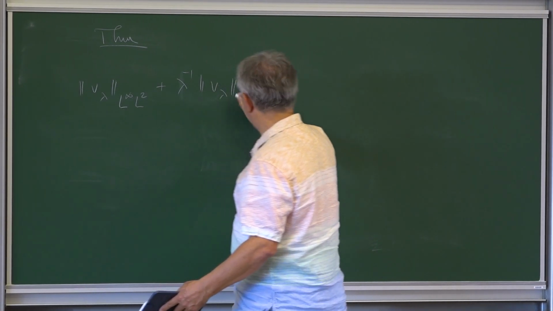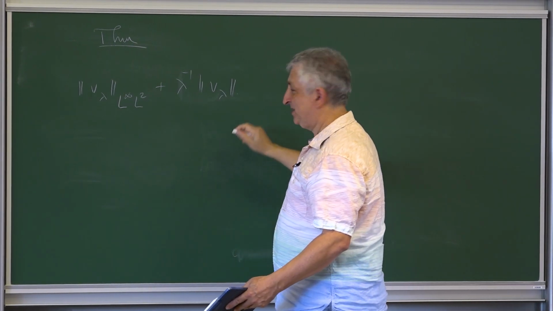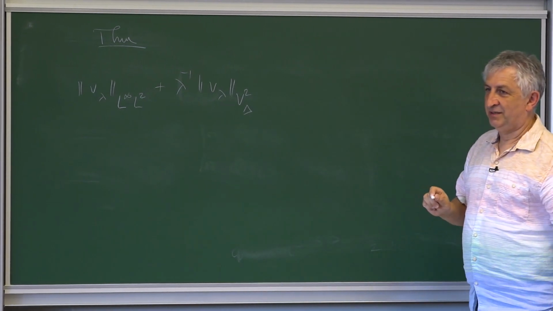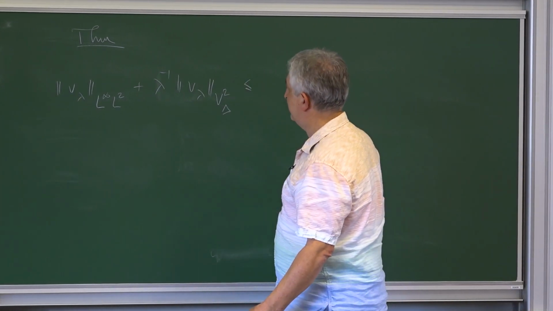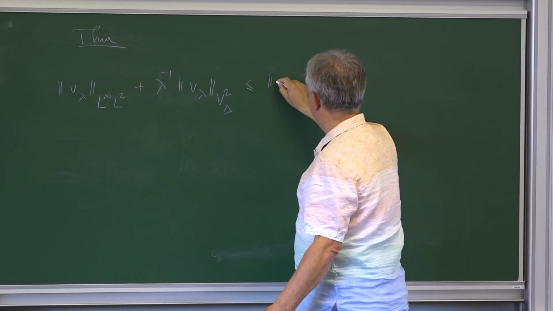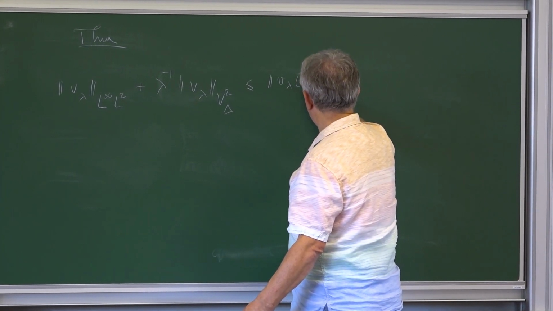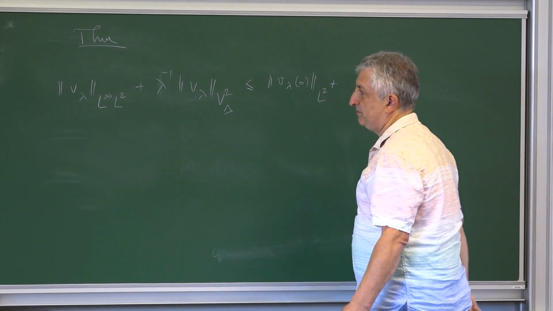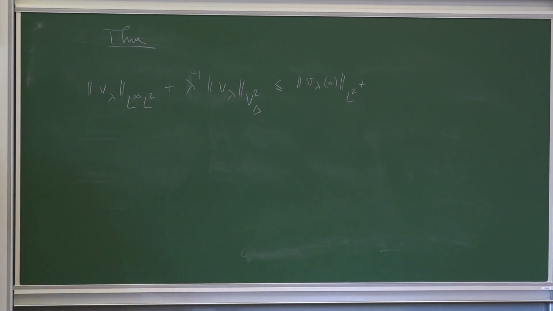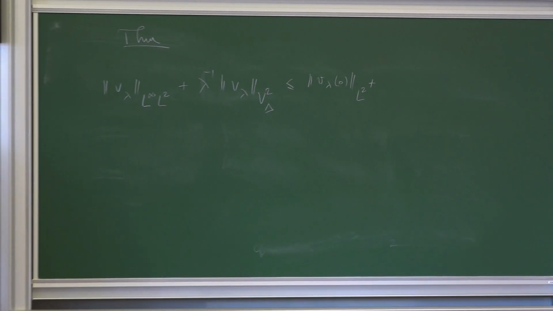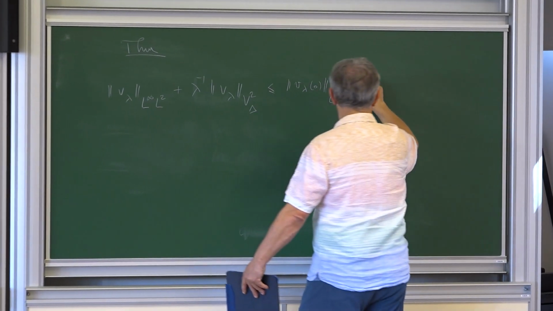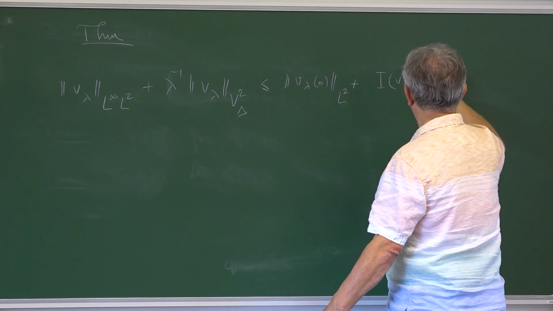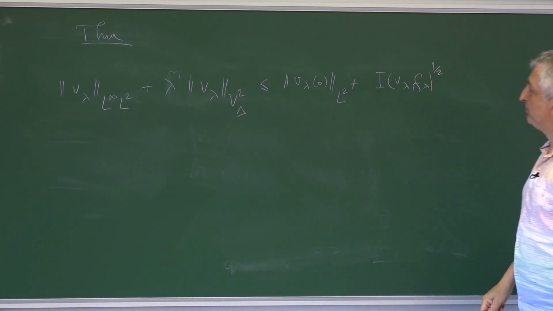Okay, I didn't explain this, but some of you know what this is. This is V2 associated to the Laplacian. And this is smaller than, on the right-hand side, I want to put the initial data at 0 in L2. Then plus, I want to put my sort of interaction functional between V lambda and the source term, so I of V lambda F lambda to the power 1/2, just for homogeneity.